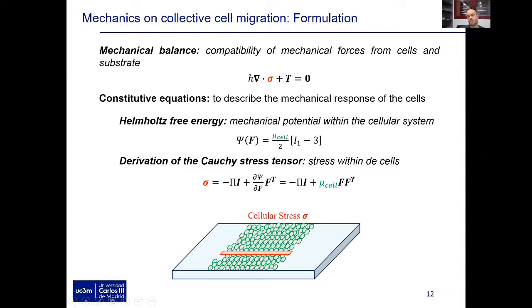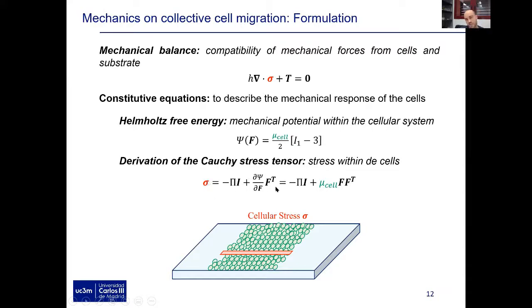We define this mechanical potential, the energy stored within the system. Then, using solid mechanics theory, we can consistently derive the relationship between the deformation state of the cellular system, given by the deformation gradient, and our Cauchy stress tensor.